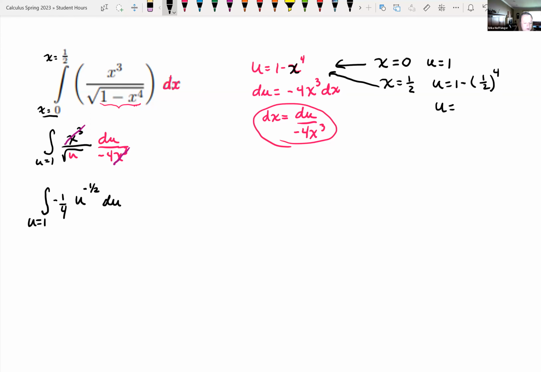So u is equal to 1 minus 1 to the 4th is 1, 2 to the 4th is 16. I'm just going to get a common denominator. 1 is 16 over 16. So I have 16/16 minus 1/16, which is 15 over 16. So in this case, u is equal to 15 over 16.